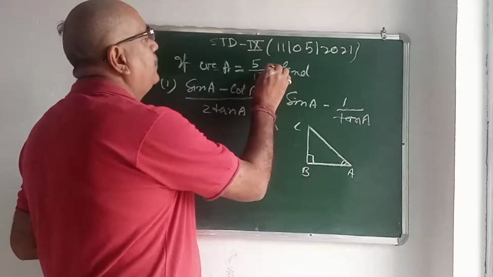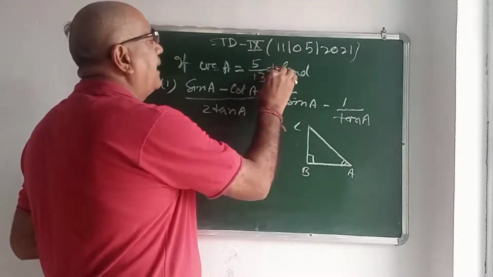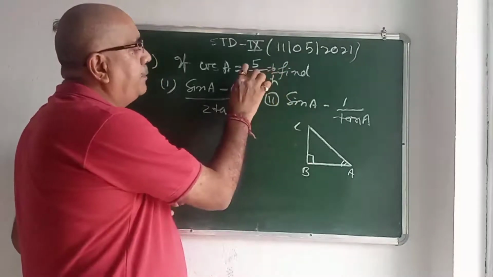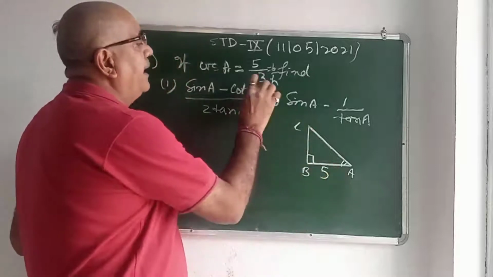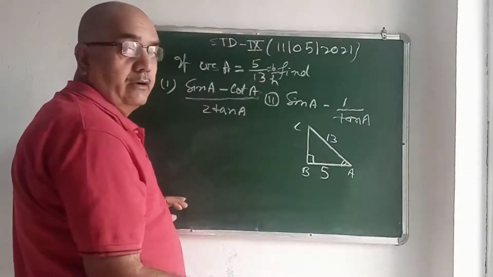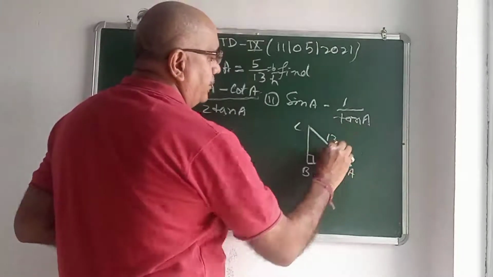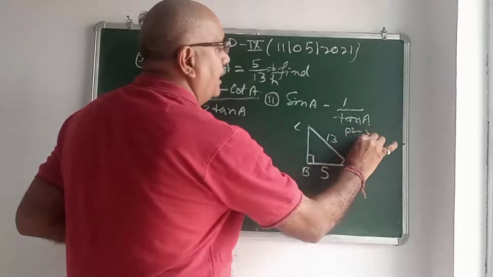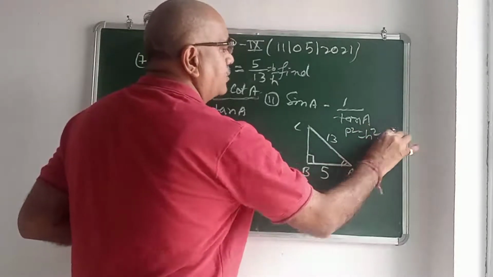This is the perpendicular, this is the base, and the hypotenuse is fixed opposite to 90 degrees. Cos A is equal to B by H. B is 5, this is 5. H is 13, this is 13. Now by Pythagoras theorem, find out P. P square is equal to H square minus B square.